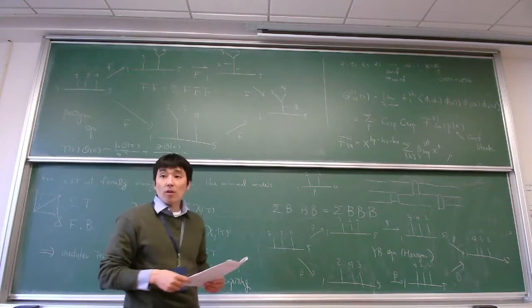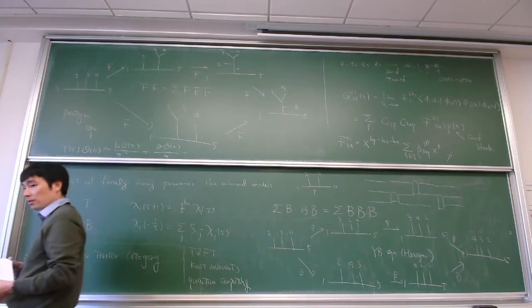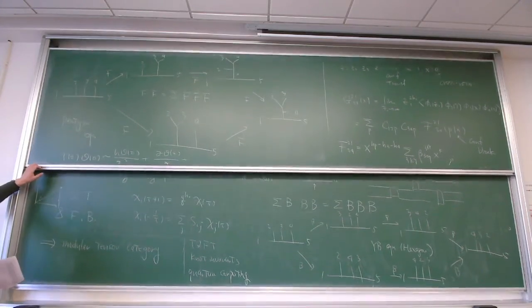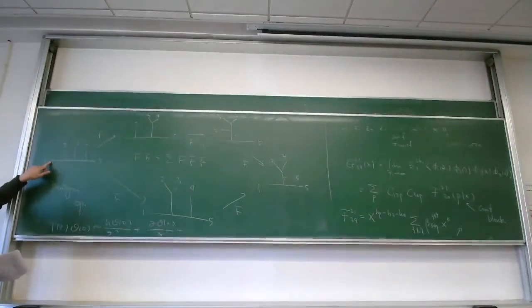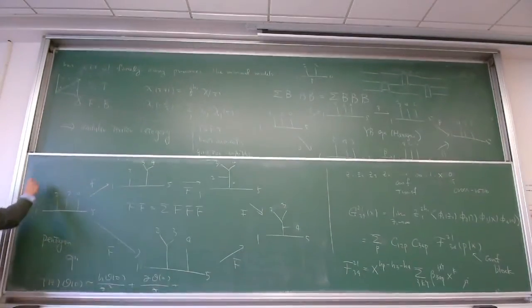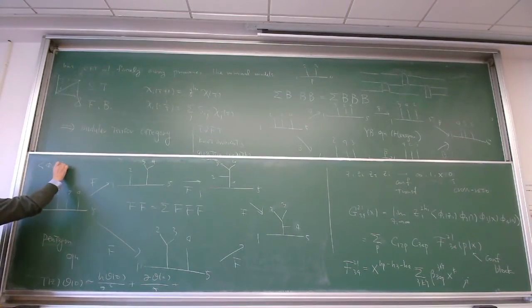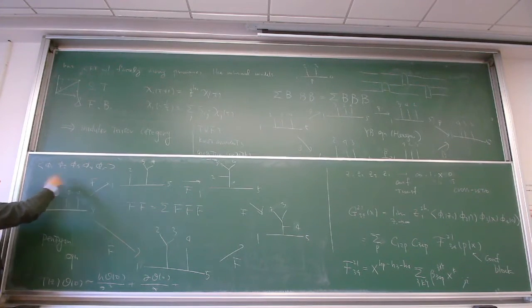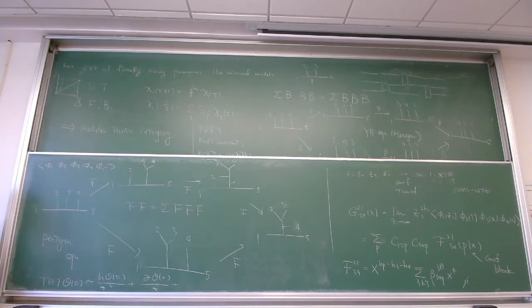And what are the numbers on the vertices of this graph? This graph corresponds to primaries. This is the 5-point function I mentioned. If you consider phi 1, phi 2, phi 3, phi 5, these are 5-point functions of primaries.